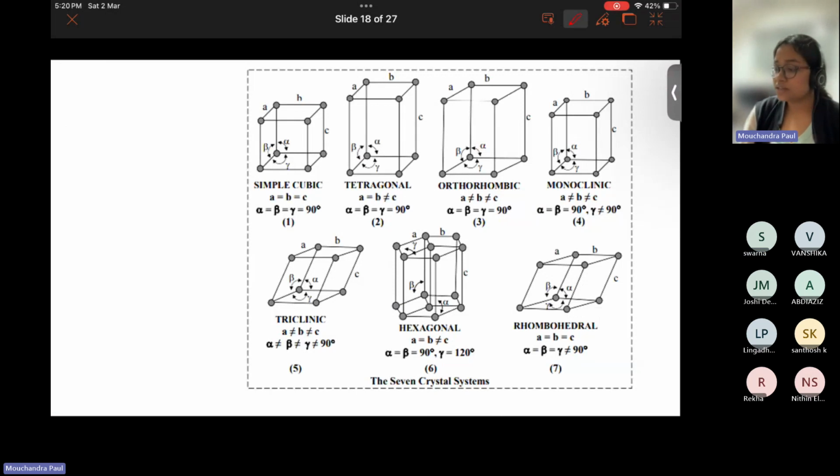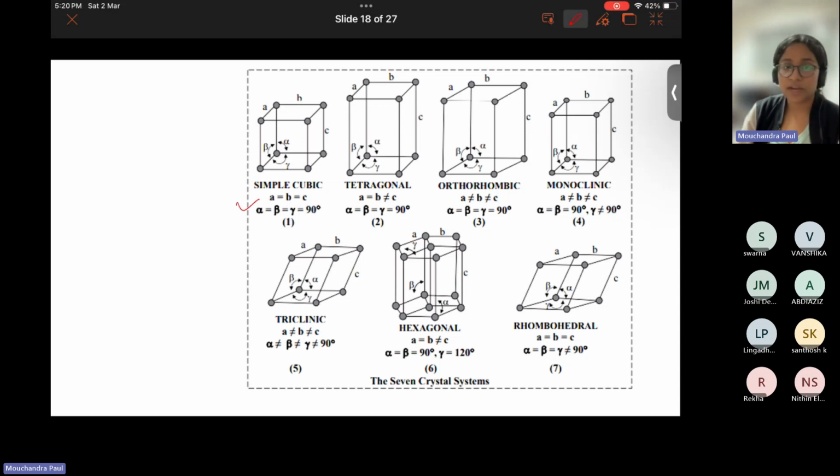If you look at simple structures where the atoms are present only at the corners, we are not talking about face centered or body centered. Look at this particular diagram. Here only the simple structures are given. There you will see the values of A, B, C, alpha, beta, gamma.